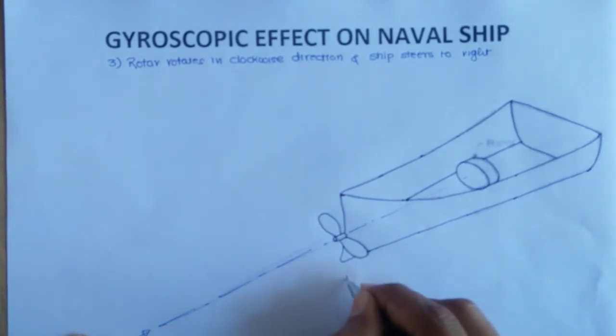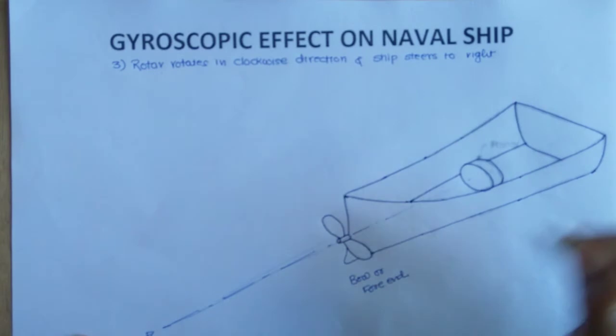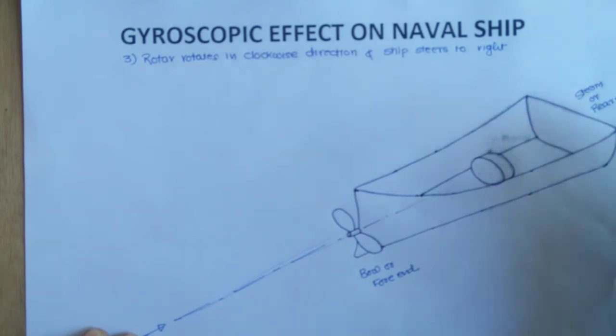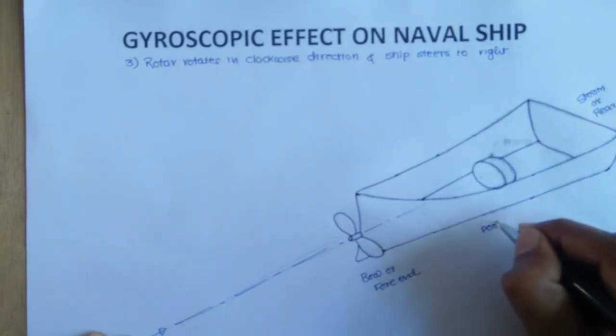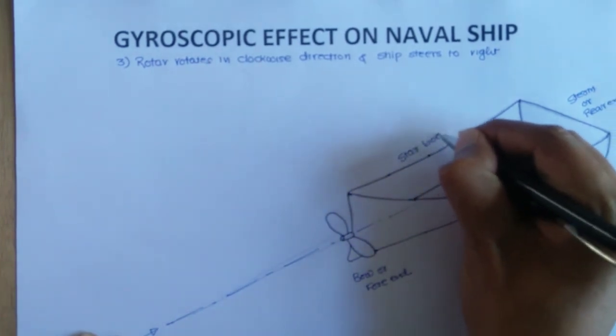We know that this one is a bow or fore end. This is a stern or rear end. The right side is known as a port and left side is known as a starboard.